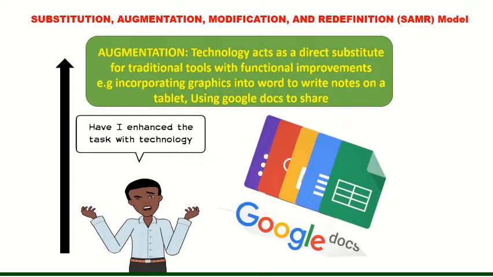For example, if you ask a student to incorporate a graph or a picture into a Word document when they're writing notes, or if you use Google Docs to share those notes, then you're augmenting the activity, but you haven't actually redefined or changed the activity. So here the teacher says, have I enhanced the task with technology? If the answer is yes, then the teacher has simply used technology to augment the task.